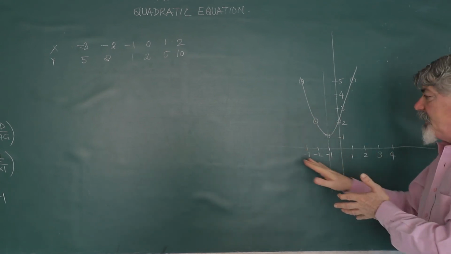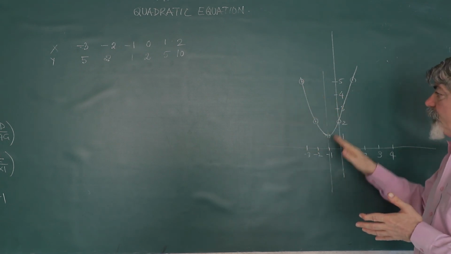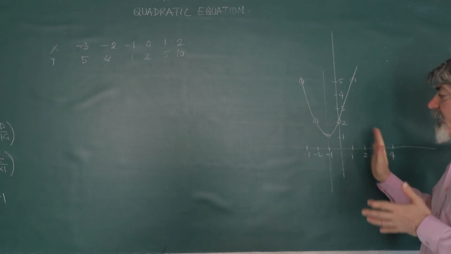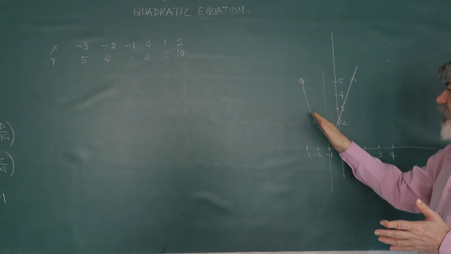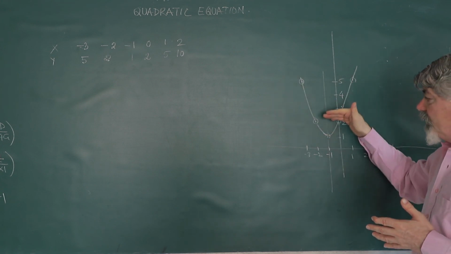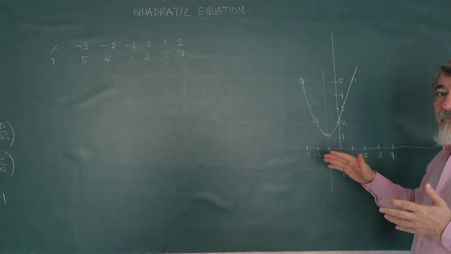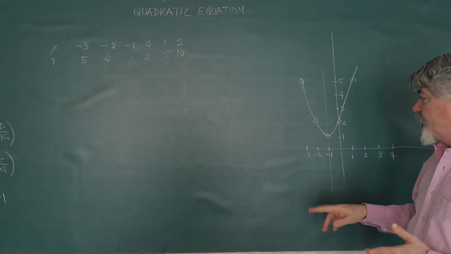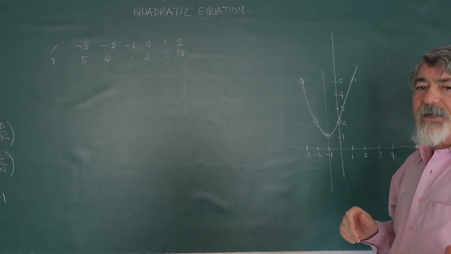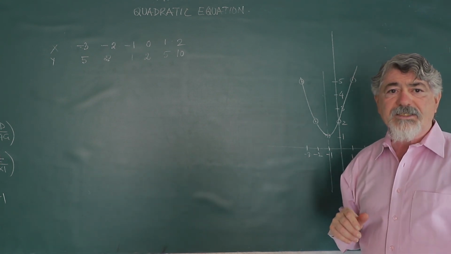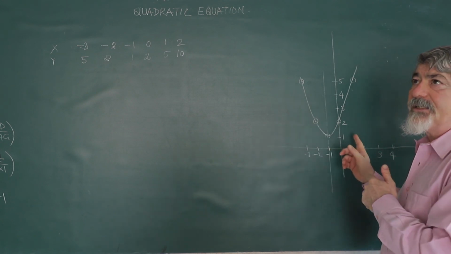When the roots are real, the curve will cut the x-axis, whether it is an upward or downward parabola. If the roots are imaginary, then the parabola will lie either above the x-axis, like in this case, or below the x-axis. And when the discriminant is 0, the curve will be touching the x-axis, like in the previous case where we had x minus 3 whole square, with roots x minus 3 into x minus 3. x was 3, so it was touching the x-axis.